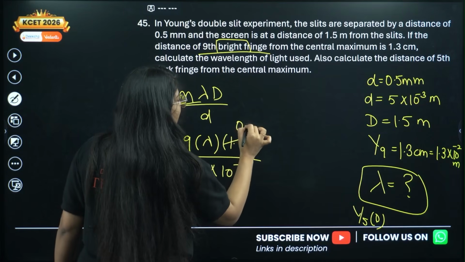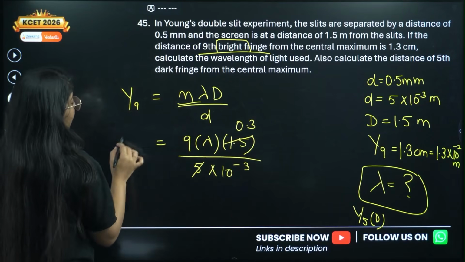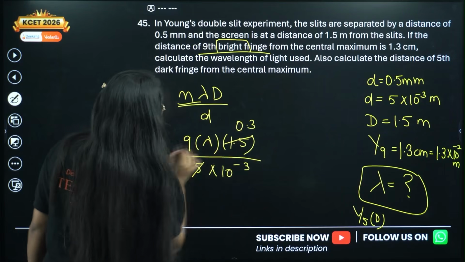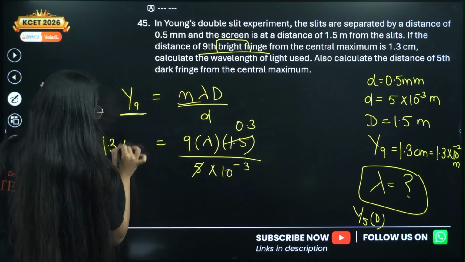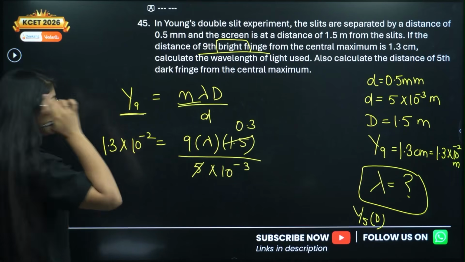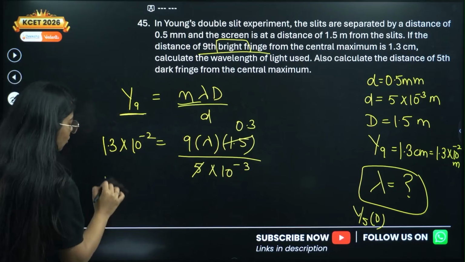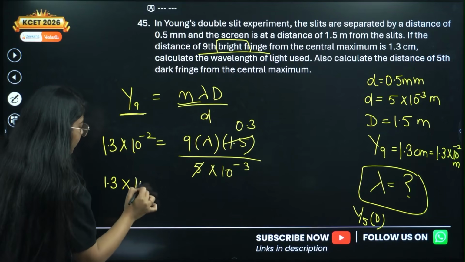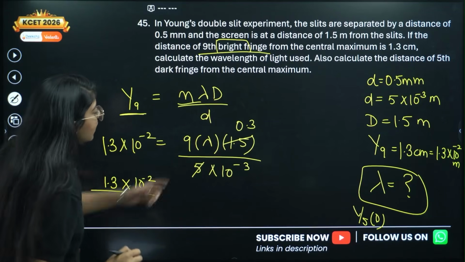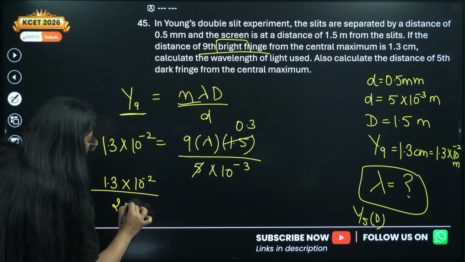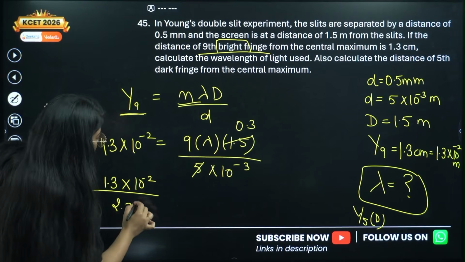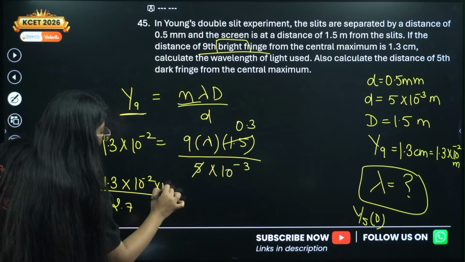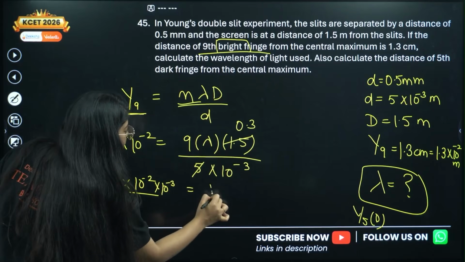So we'll simply cancel these out and the distance is also given, that is 1.3, but it is in centimeters, so that is minus 2. Correct? So this will come out to be 10 raised to minus 2 divided by 2.7, that into 10 raised to power minus 3 equals lambda.